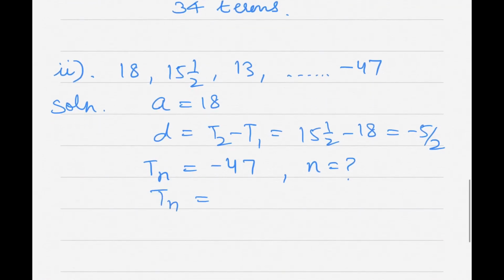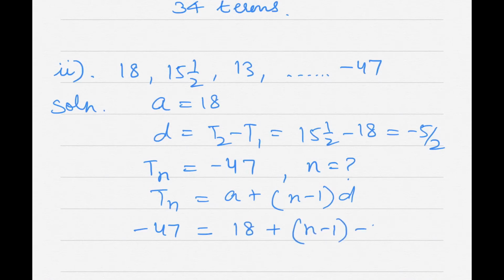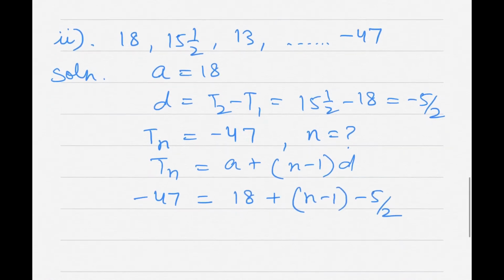Let's write down the formula. Tn is equal to a plus n minus 1 into d. Tn is given as minus 47, which is equal to a, 18, plus n minus 1, and d is minus 5 by 2. So now minus 47 minus 18 is equal to minus 5 by 2n plus 5 by 2.